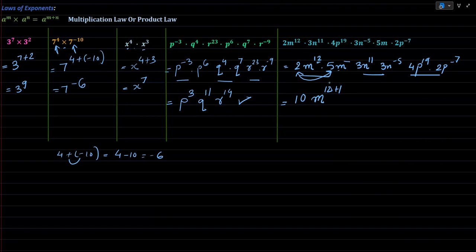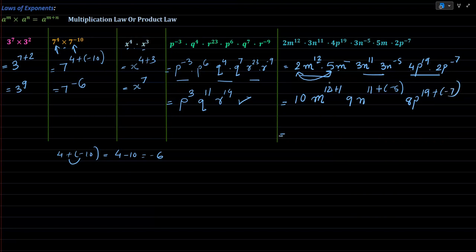Similarly, if we apply the product rule here, we first multiply the coefficients. So 3 times 3 is 9, and n to the power 11 plus minus 5, addition of powers. And finally 4 into 2, that will be 8, and p to the power 19 plus minus 7.